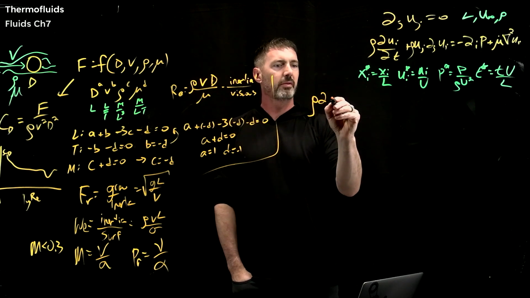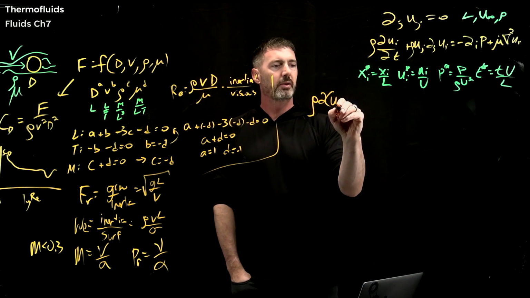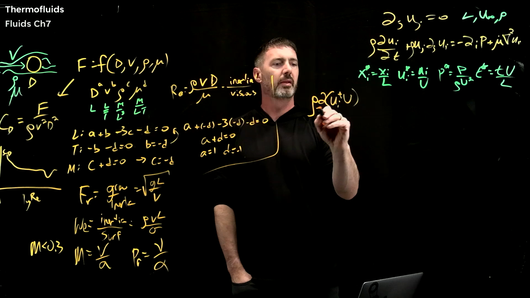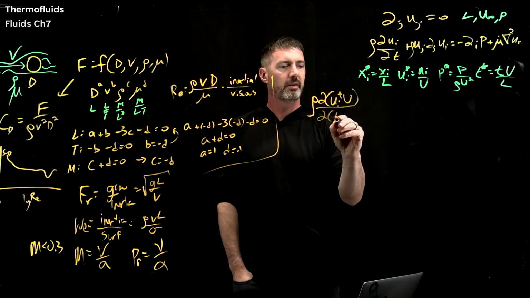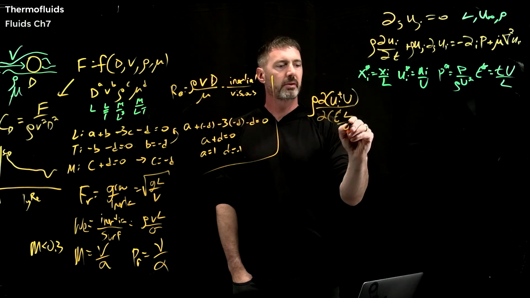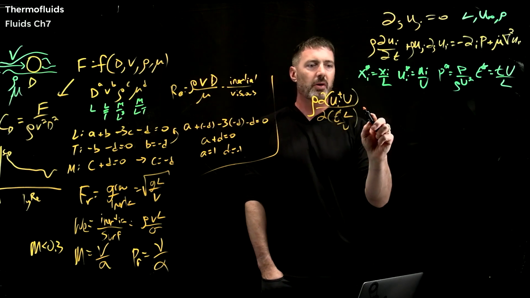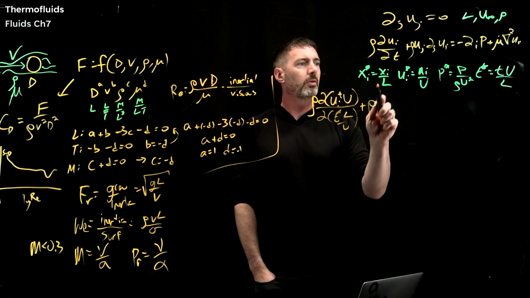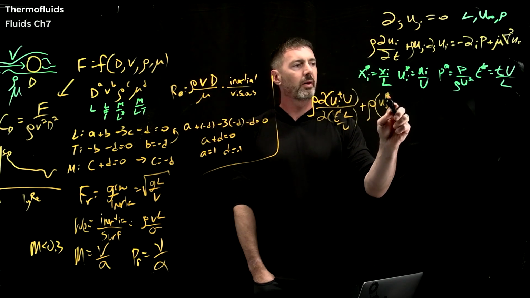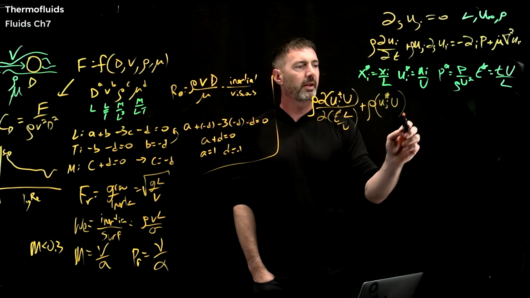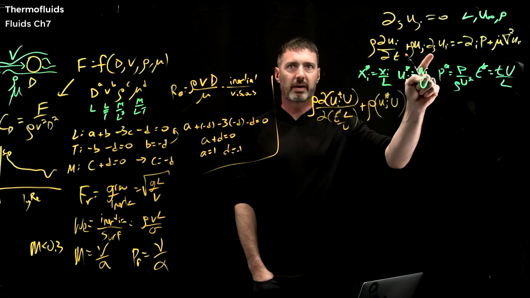This is the derivative of ui star u with respect to time. Solve for time: that's t star L over u. And then you keep going. So plus rho, and then uj, that would be uj star times u infinity. Then I'm going to have to expand this out.